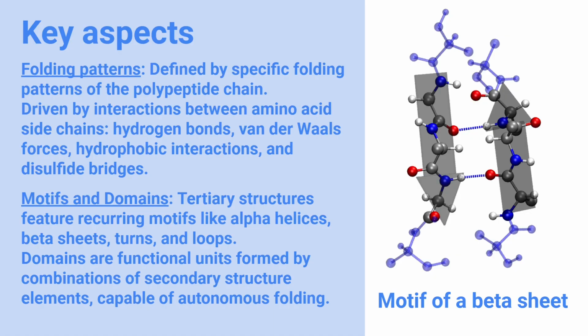They are often formed by combinations of secondary structure elements, for instance alpha helices and beta sheets, and can fold independently of the rest of the protein. Domains may function autonomously or interact with other domains to perform complex biological functions.